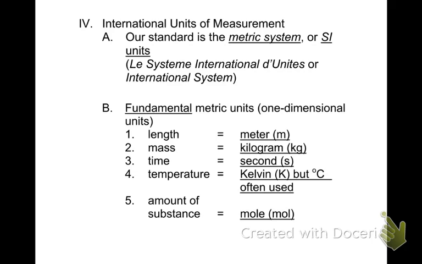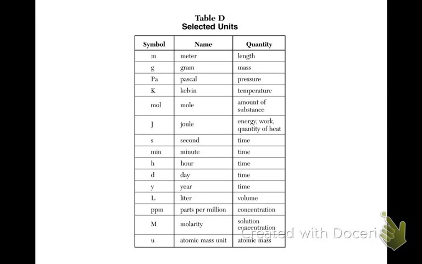And you can obtain all of these units from reference table D. If we take a look at reference table D, length is measured in meters, mass is typically in grams or kilograms, temperature is in Kelvin, amount of a substance is in mole, and take a look at all these time units that we have.